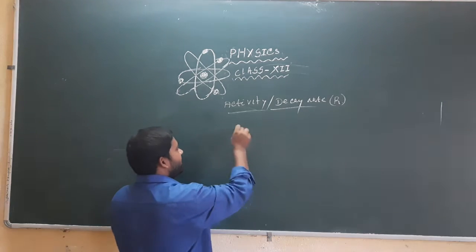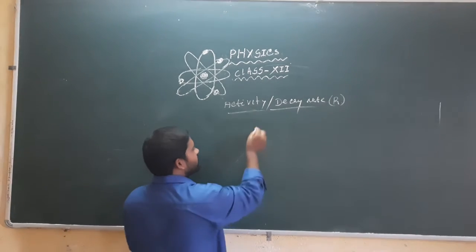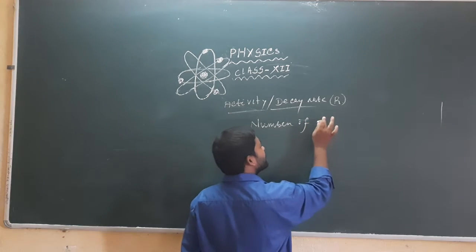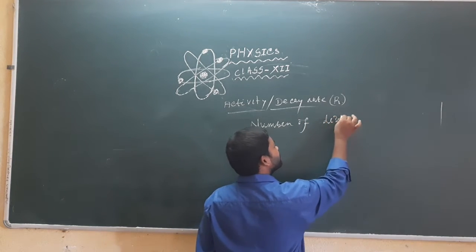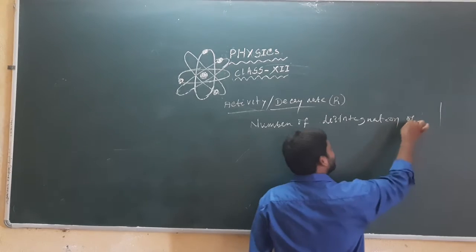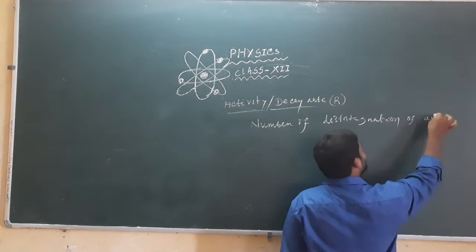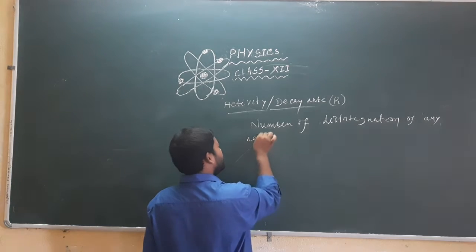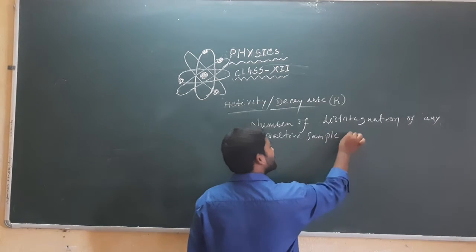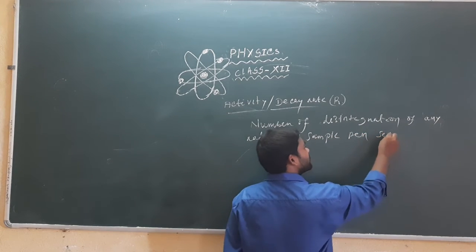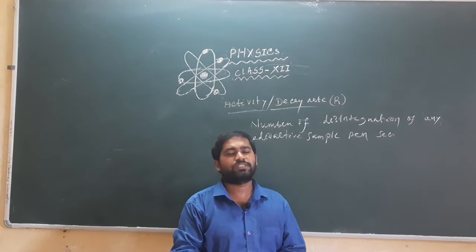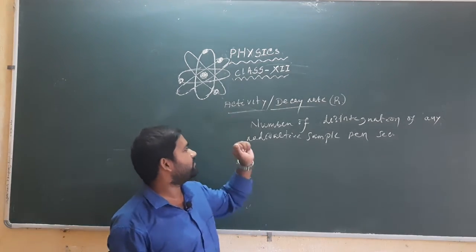So the activity of any radioactive sample is the number of disintegrations of the sample per unit time, or per second. The number of disintegrations per second is just a measure of activity or decay rate.